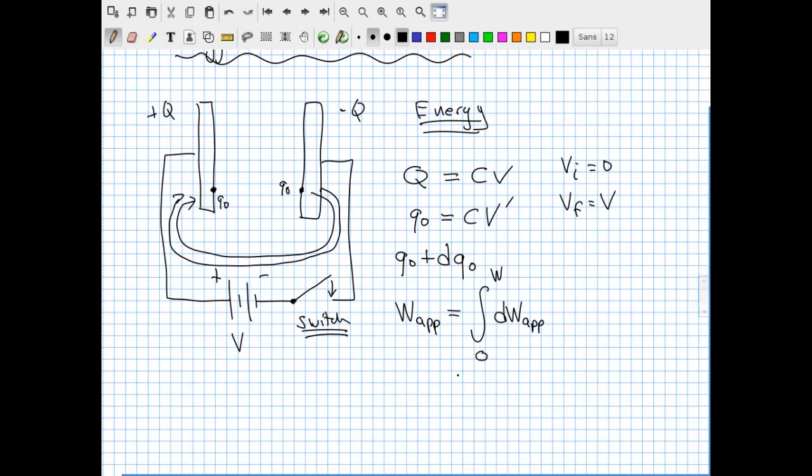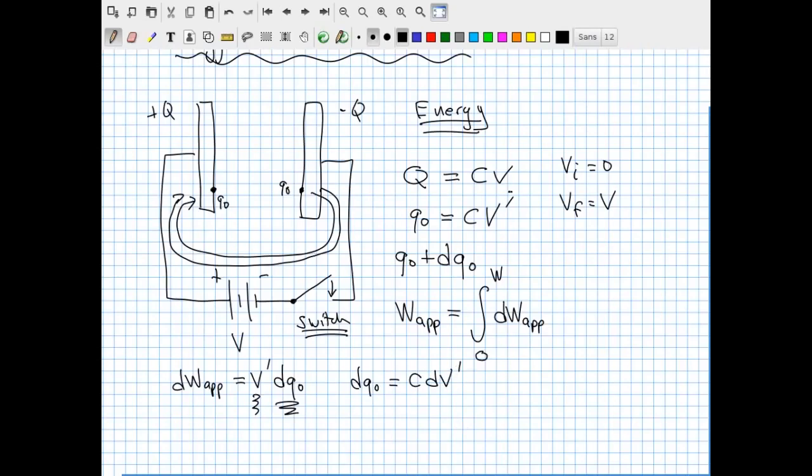All right, well, let's continue with this a little bit. The little bits of work done by the battery are just going to be equal to the little voltage that's set up when we move each little bit of charge dq naught. And now we have the ability to substitute in for this in terms of something that has voltage in it. We can just use the capacitor equation. dq naught is going to be equal to C dV prime.